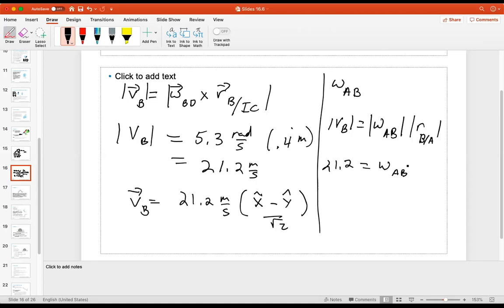And this vector has length 0.4. These are all magnitudes of vectors. Dividing it out, you get that omega AB, at least the magnitude of it, must be 5.3 radians per second.